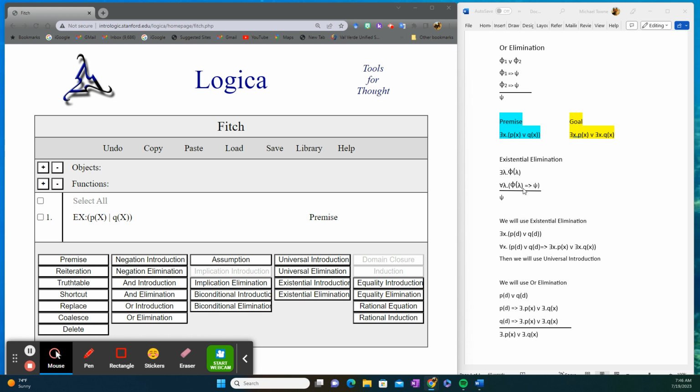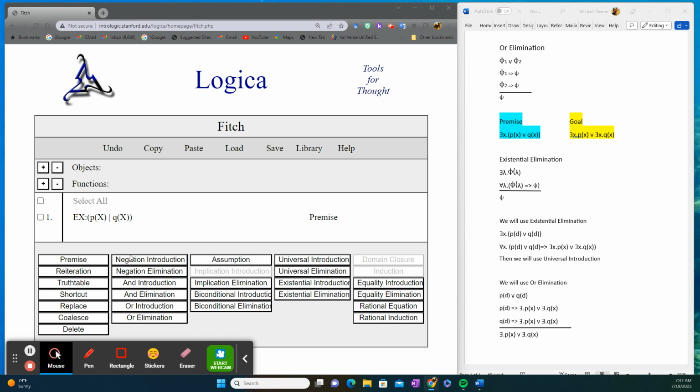So stating that again, I already have phi. I need to prove the implication, and then I need to universally quantify that implication, and then I can use existential elimination to get psi.